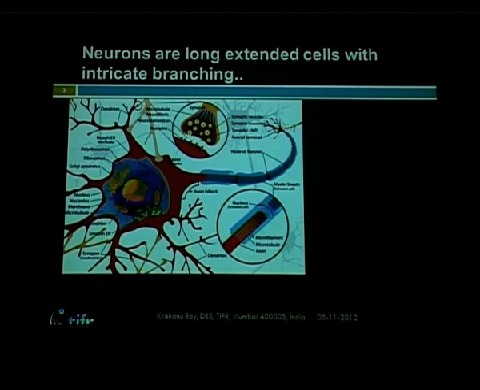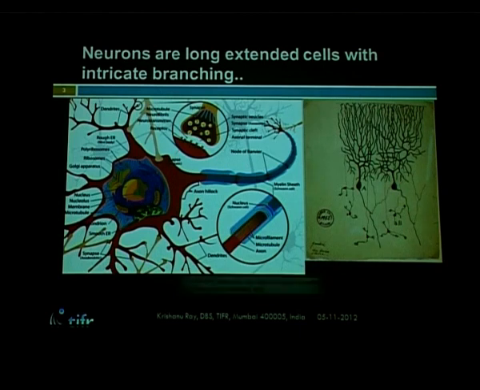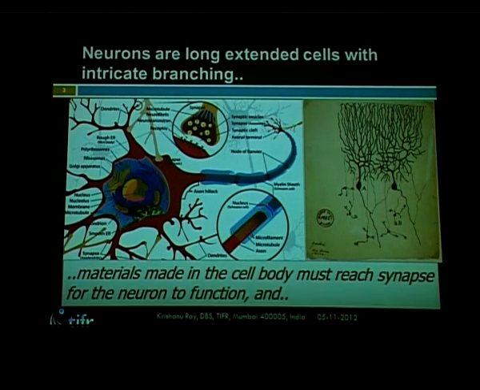So the question that we wanted to ask is, how does this material that is made in the cell body of the neuron find its way to the presynaptic compartment, and how is the balance of this material at the presynaptic compartment maintained? Why is it that if you run quite extensively, your synapses don't go dry?